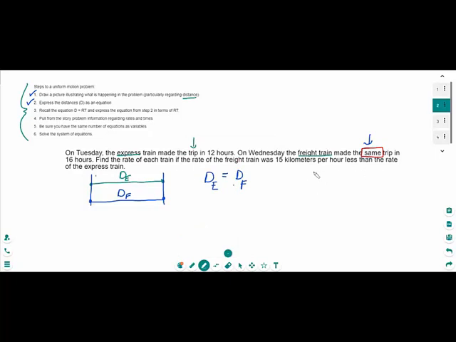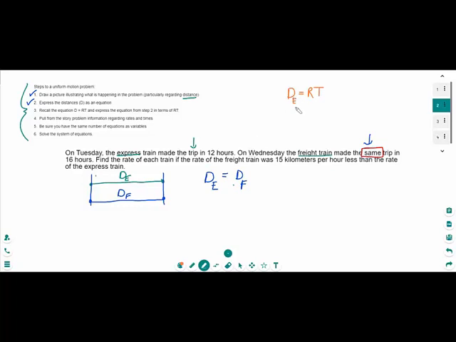So we remember that distance equals rate times time. Remember I told you this is a super important equation to remember? All right, so if we pick one of these distances, let's say we want to talk about the distance of the express train. What would we say?